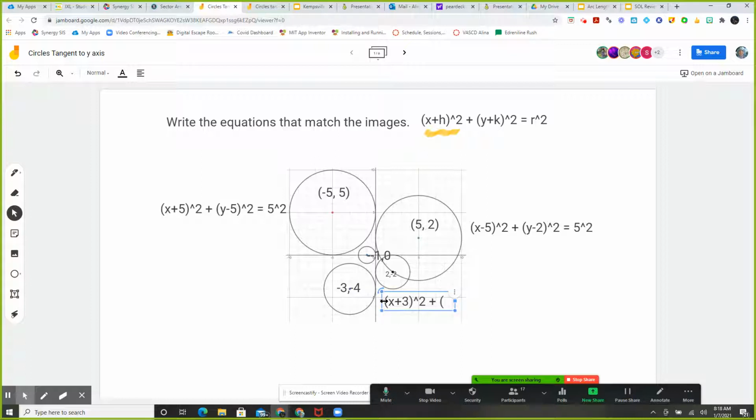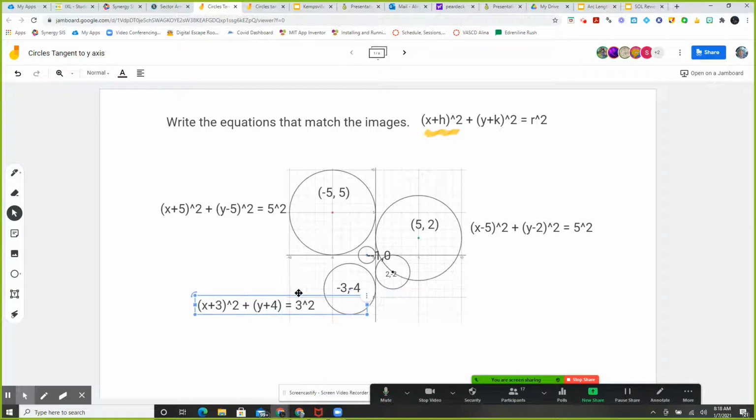And then instead of a minus 4, I need y plus 4. And then the radius is always squared because it's almost like we're finding the area. So what is the radius of that circle? Is it 3 squared? 3 squared.